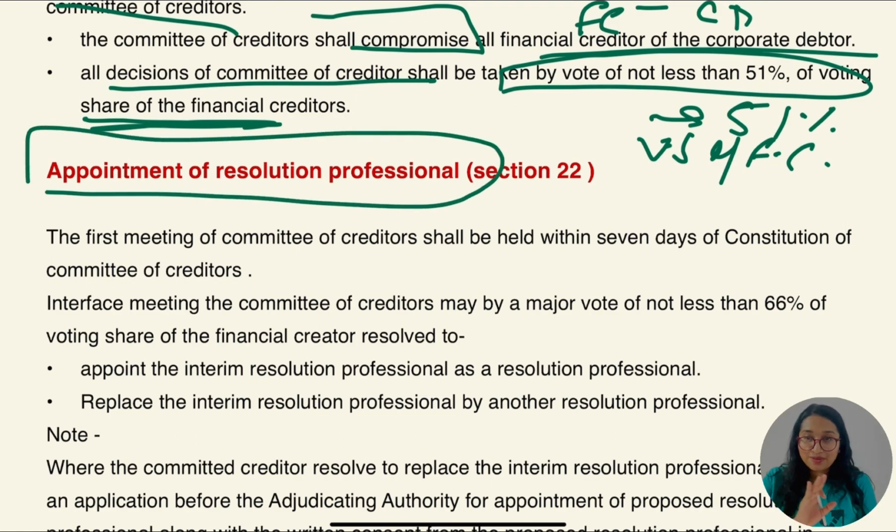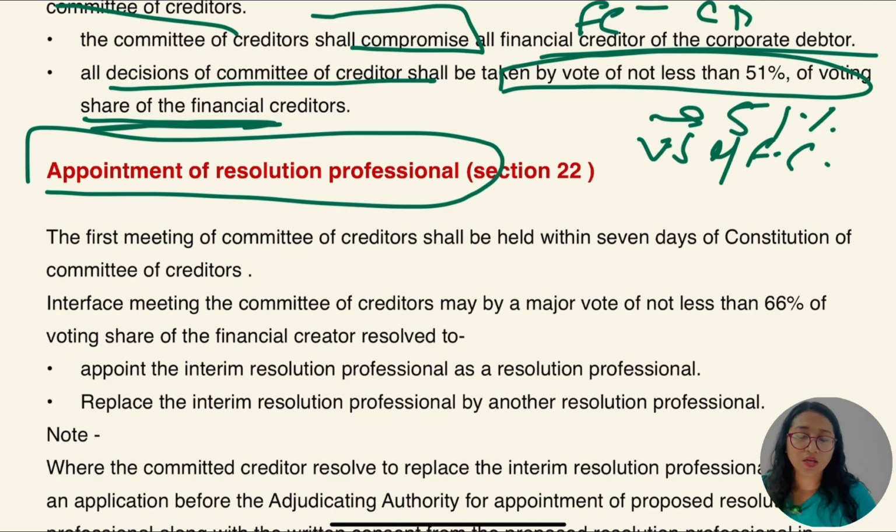Don't be confused here. Let me summarize everything. Section 7, Section 8 and Section 9: these three applicants have to give the name to the AA for the interim resolution professional. But what if they have given the name, and what if they have not?